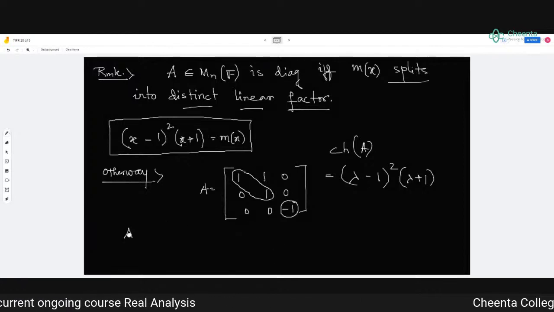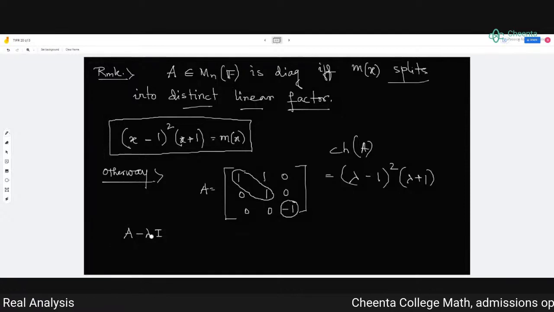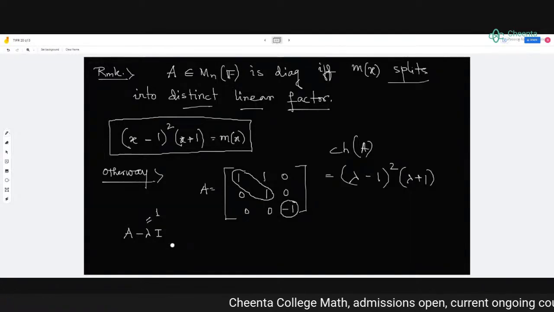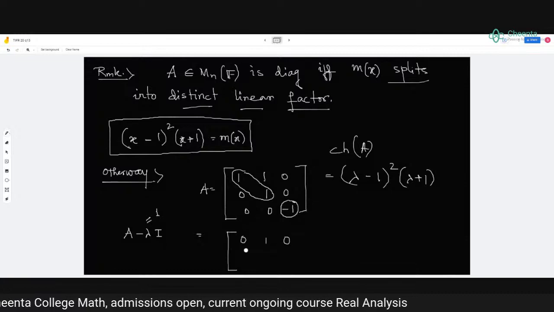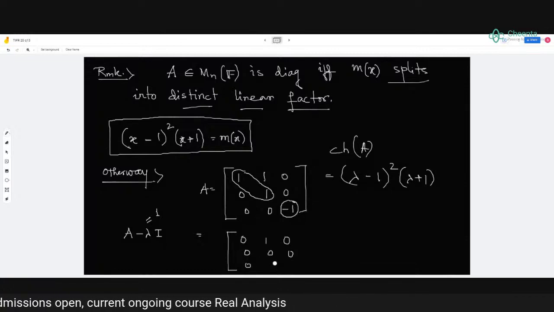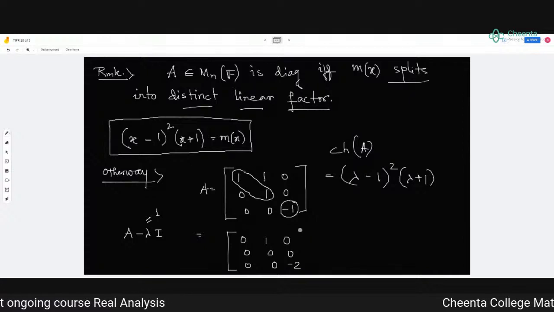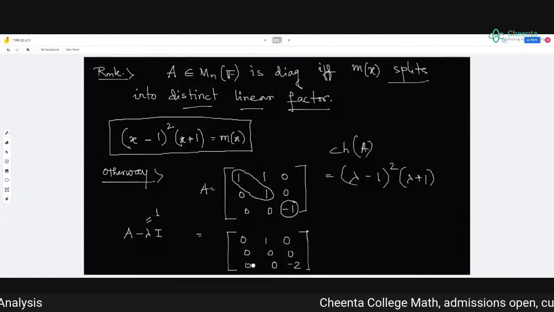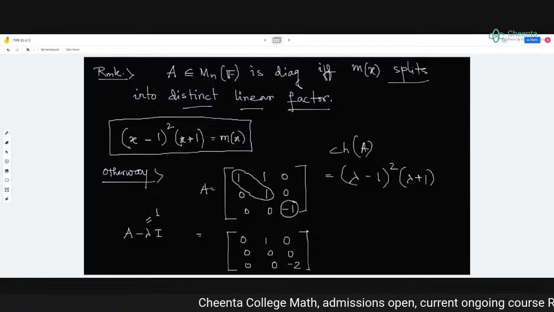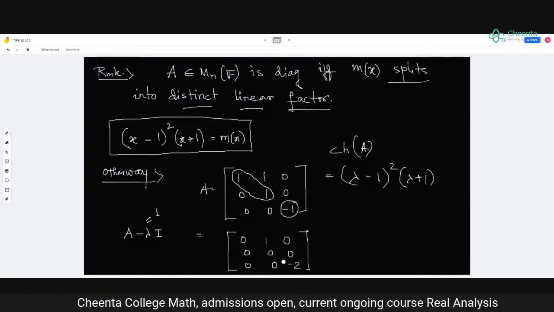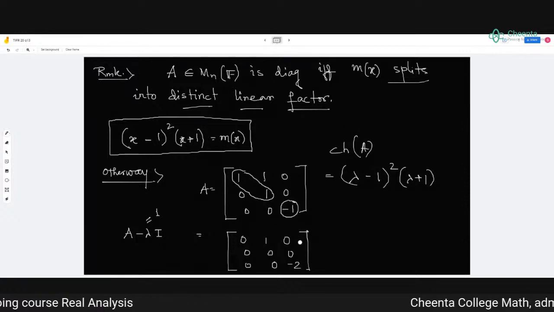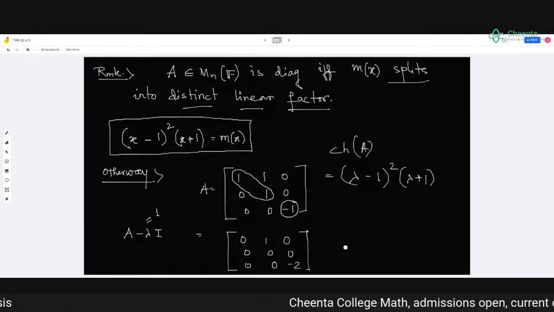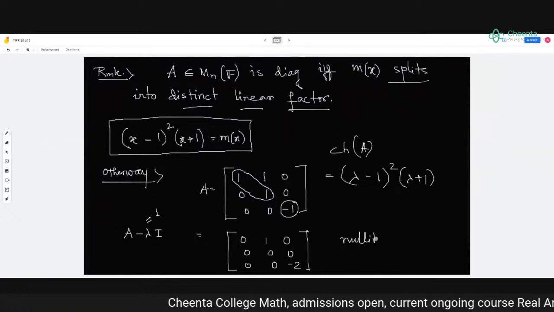Right, so just take A minus lambda I, taking lambda equals 1. Then this matrix will look like: 0, 1, 0, 0, 0, 0, 0, 0, minus 2. This has rank 2, hence it has nullity 1.